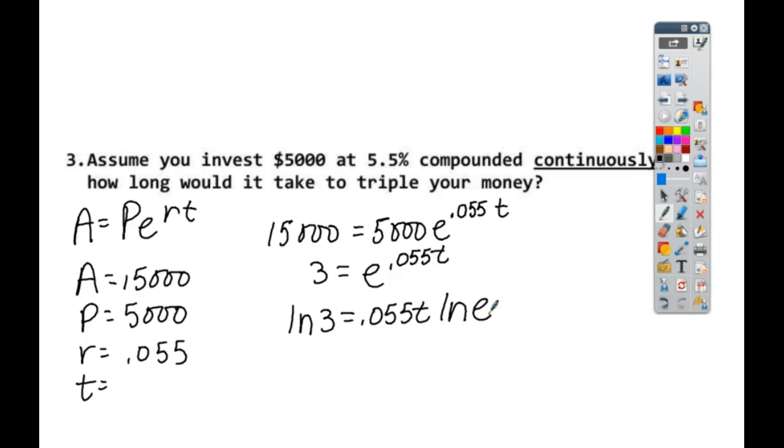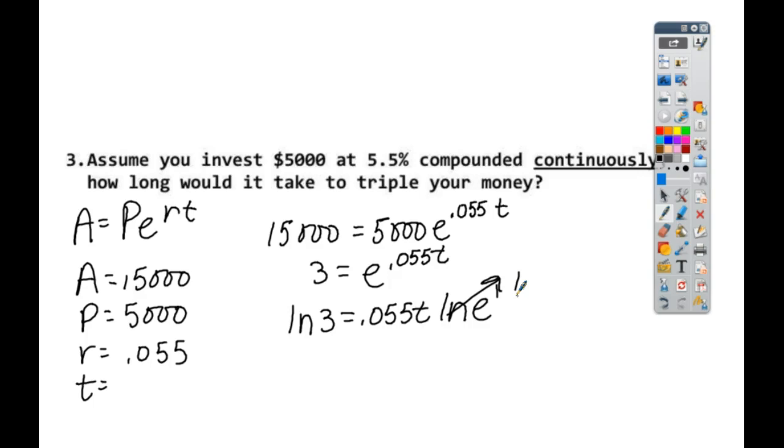That's right above the ln button, right? So do second and the ln button. And then what's the power on this e? It's 1, right? So everybody put a 1 in there. So what is the ln of e? When you push equals, what does it tell you? 1. Every time. The ln of e is always 1.